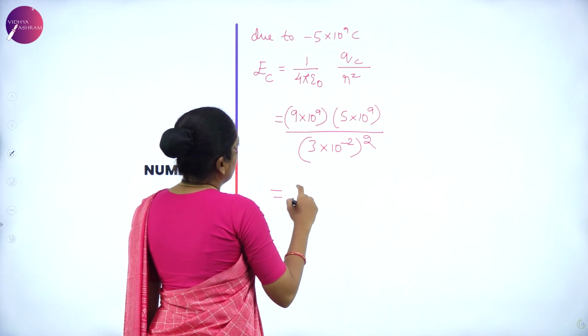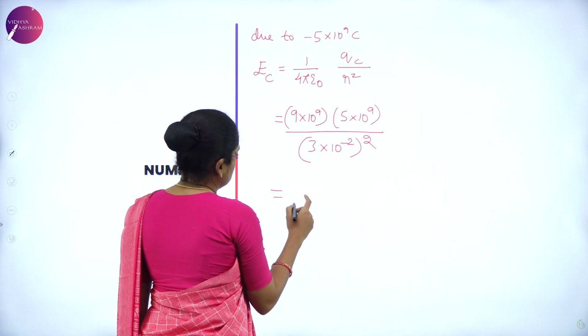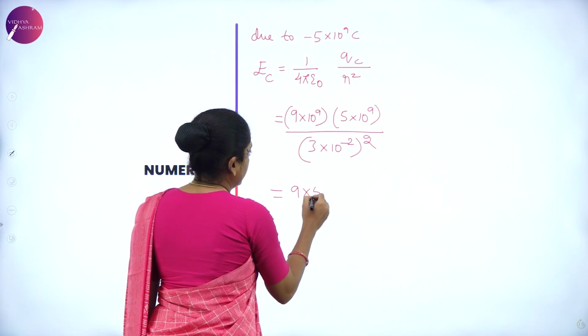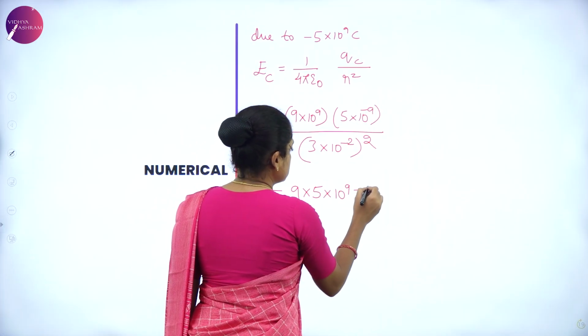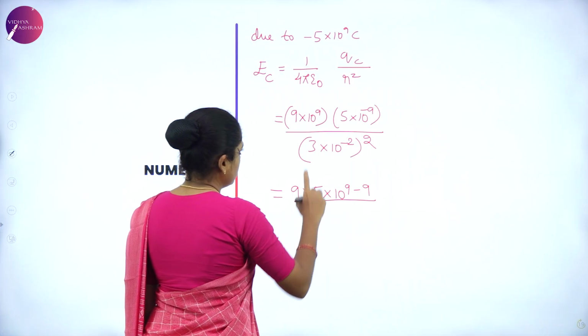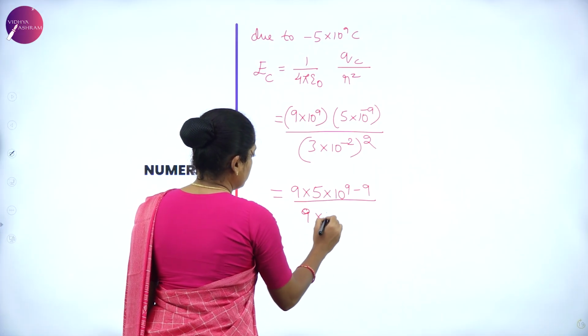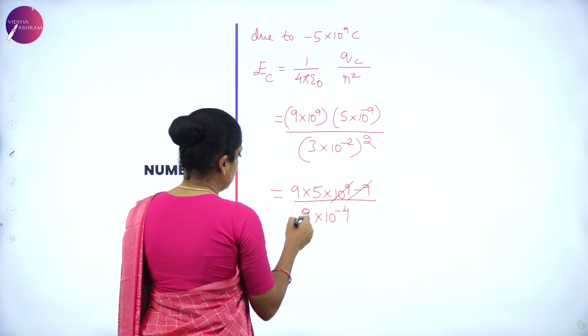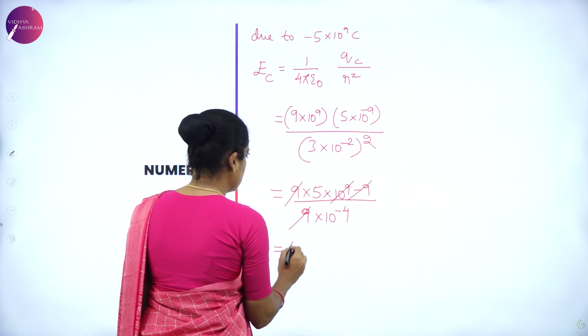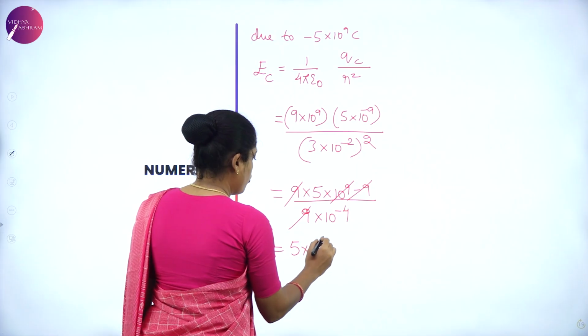Yes, solve this. 9 into 5 into 10 power 9 minus 9 divided by 3 square, which is 9 into 10 power minus 4. So the 9s cancel. So the answer is 5 into 10 power 4.